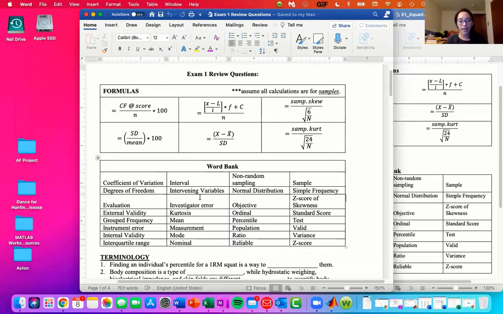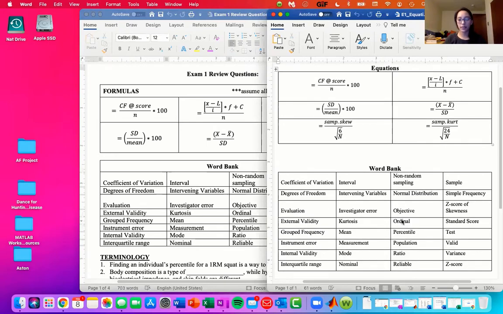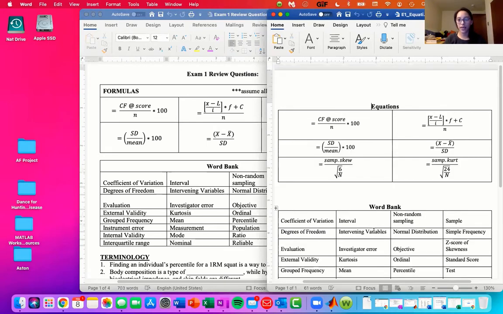So word bank would be with terminology, and the formulas would be with any calculations that you might need to run. I will also post this document here that has the equations and the word bank separated from everything else.